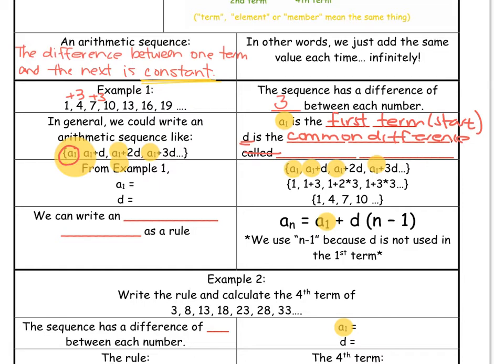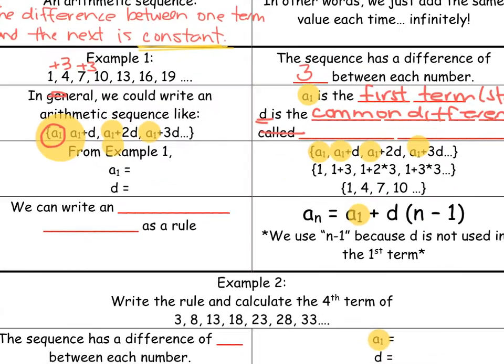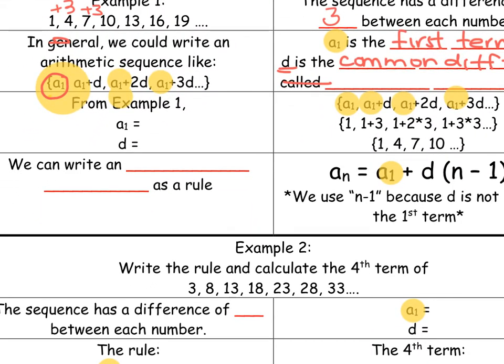So the difference between 1 and 4 is 3. The difference between 4 and 7 is 3. The difference between 7 and 10 is 3. So from example 1, our first term, or our start, is 1, and our common difference is 3.